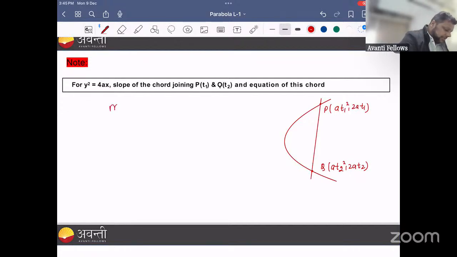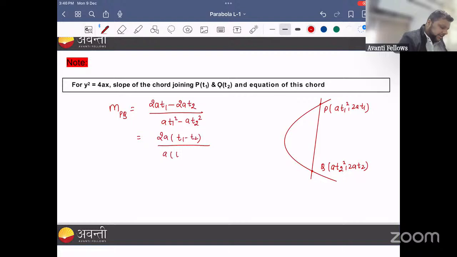So the slope of chord PQ is (y2 minus y1) upon (x2 minus x1), that is (2at1 minus 2at2) upon (at1 square minus at2 square). So it is 2a times (t1 minus t2) upon a times (t1 square minus t2 square).